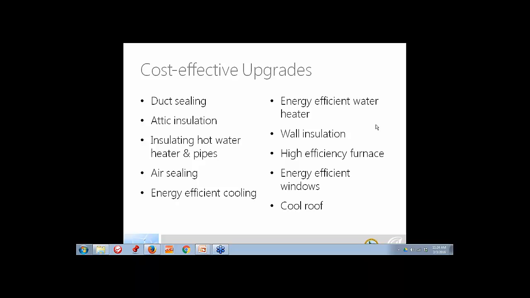Attic insulation, insulating hot water heaters and pipes, so adding a foam barrier around it or something. It's not always foam, but these are the kind of things that are inside your walls, that you're not going to see every day. A lot of people go to windows first, and that's actually one of the least cost-effective upgrades that you can do. Inside your walls is really where the most important upgrades happen. Next slide.